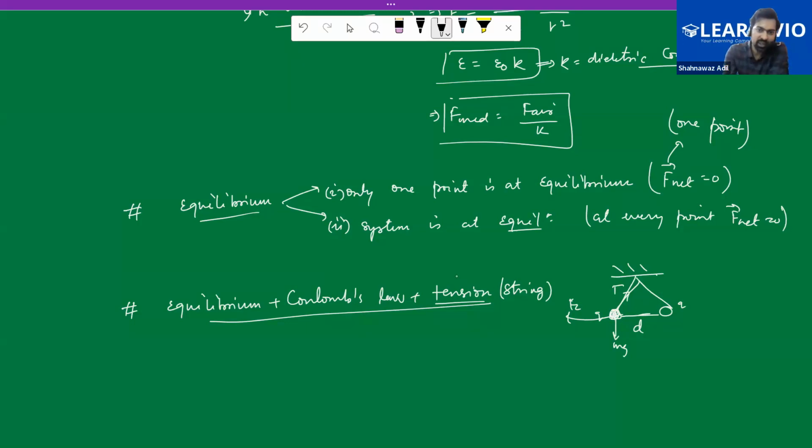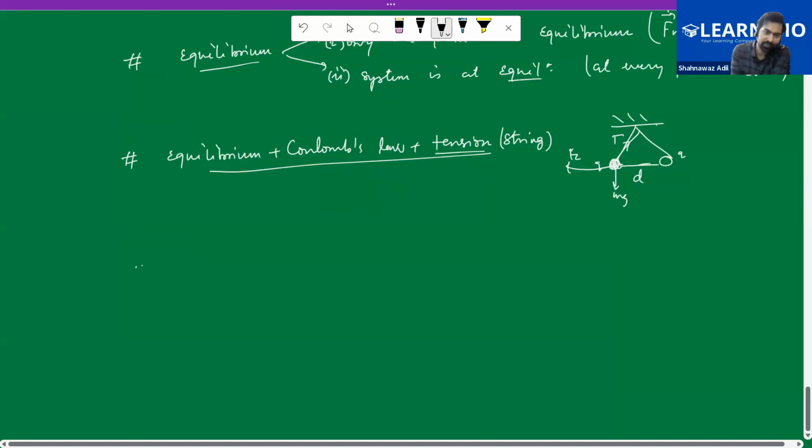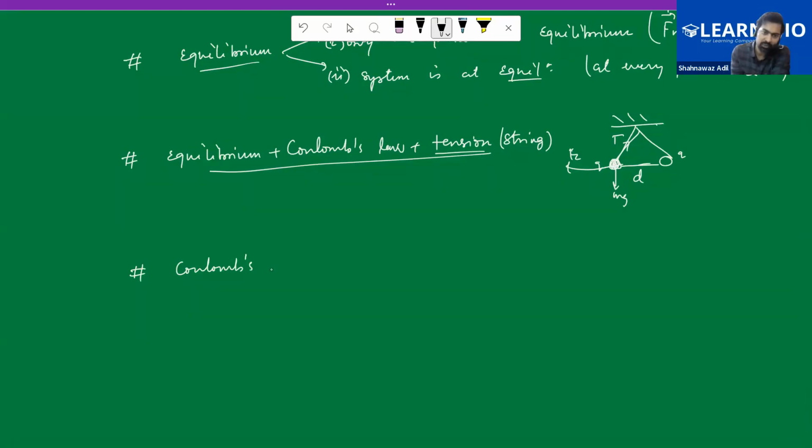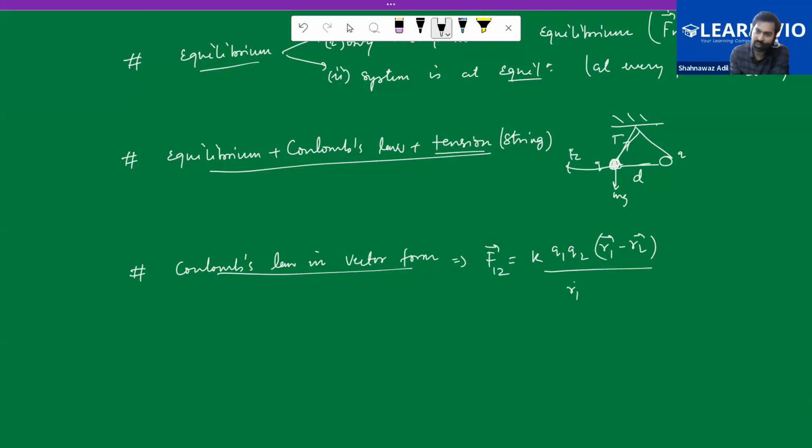And after that, we have talked about Coulomb's law in vector form. Right, so what does it say? So this is F12. This would be K Q1 Q2 times the vector R1 minus R2 divided by the magnitude of R1 minus R2 cubed.